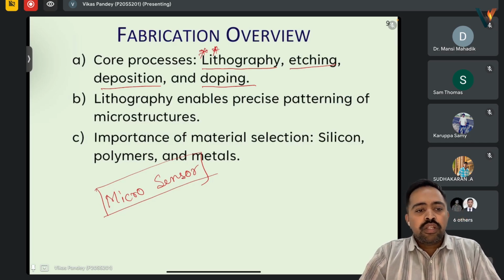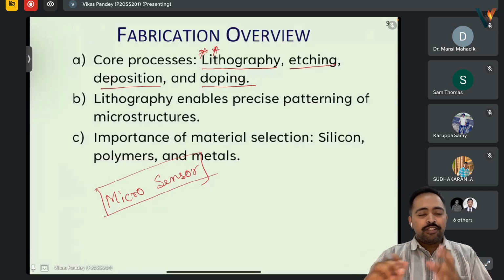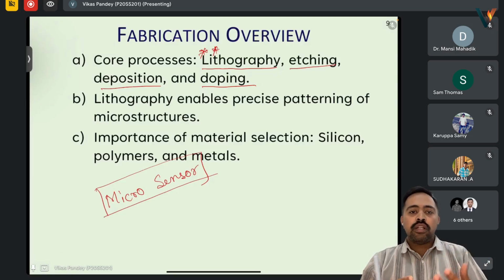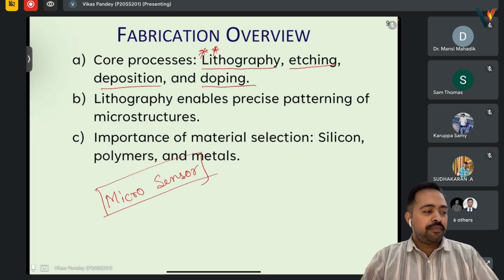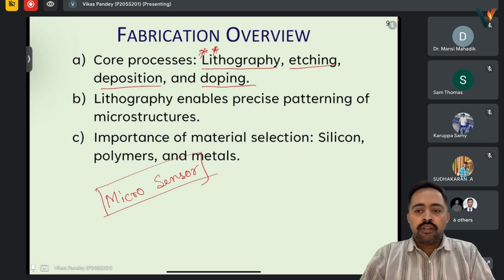Anyone know here about lithography? Don't be shy. I am not asking questions to judge. I want to know what you know, so that we can discuss things accordingly. Please speak up. No, sir.